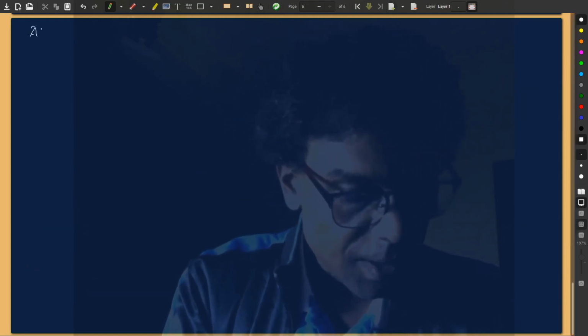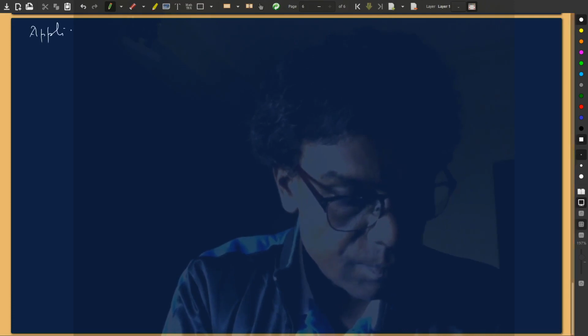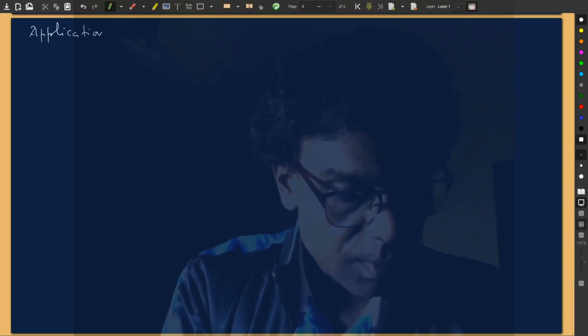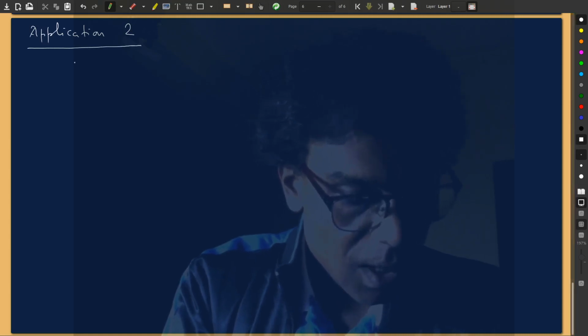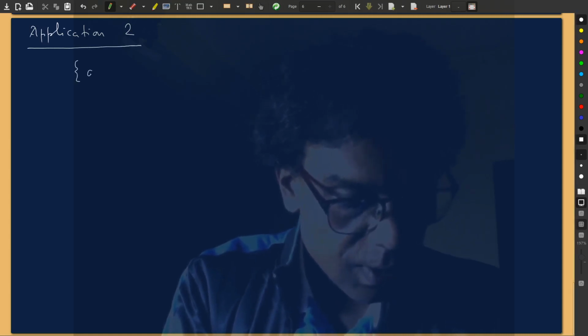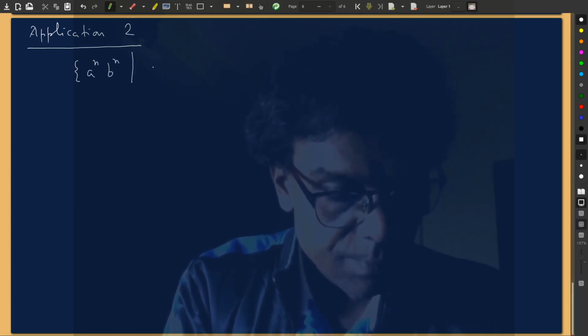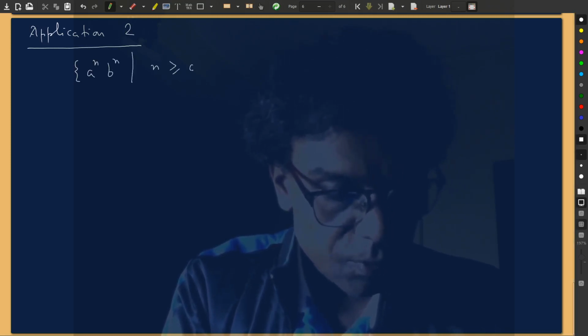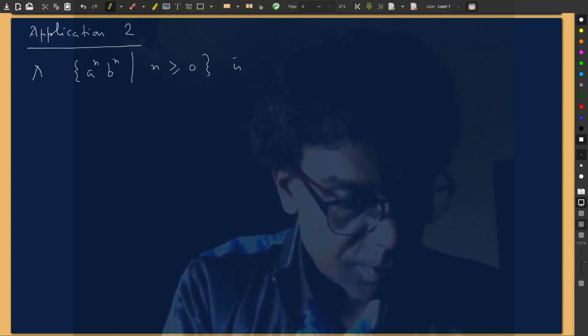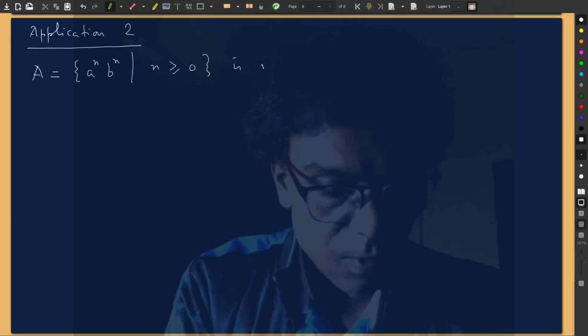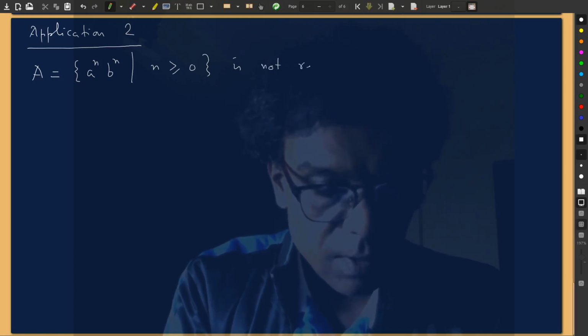And here is a second application. This is of a different kind. Okay. I will show that the language a power n, b power n, such that n is greater than or equal to 0, let us call this language A, is not regular.